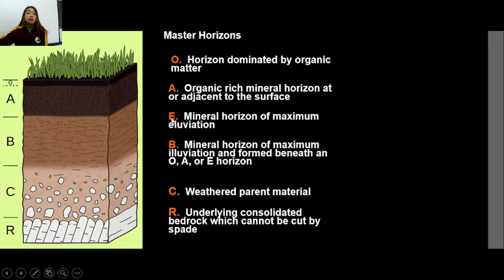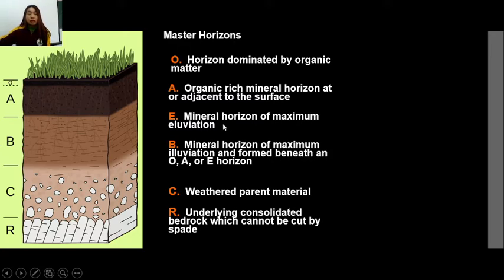Next is the E horizon. For some soil profiles, the E horizon is absent, which is why it is not included here. But in most areas, the tropical areas, the E horizon is also common.